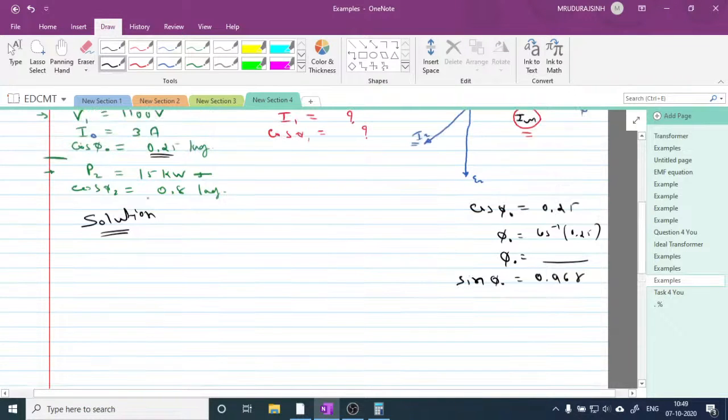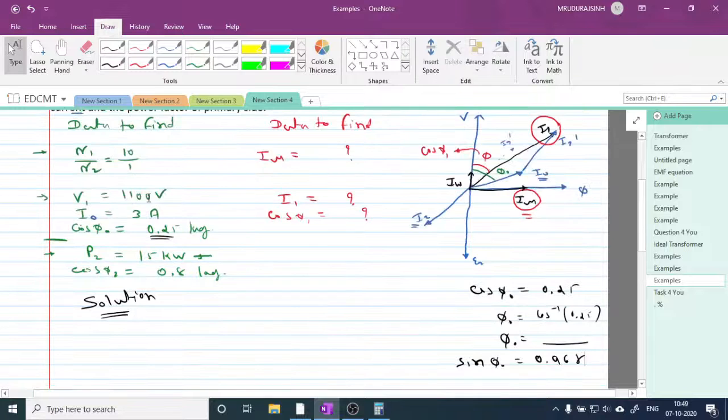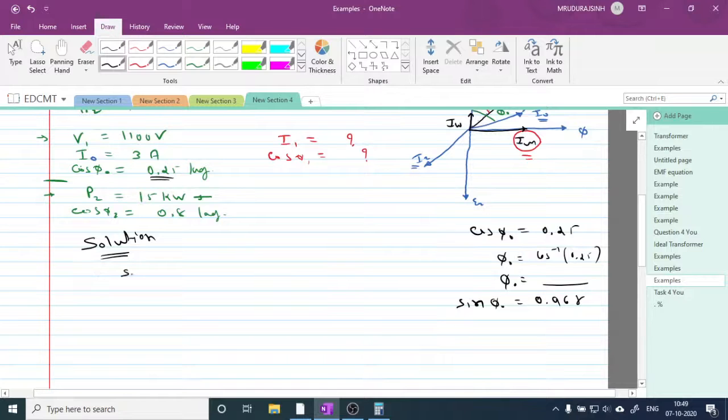So now how can we calculate this I mu? So sin phi 0 is basically I mu by I0. So I mu is equal to I0 into sin phi 0. I0 is 3 ampere and sin phi 0 is 0.968.